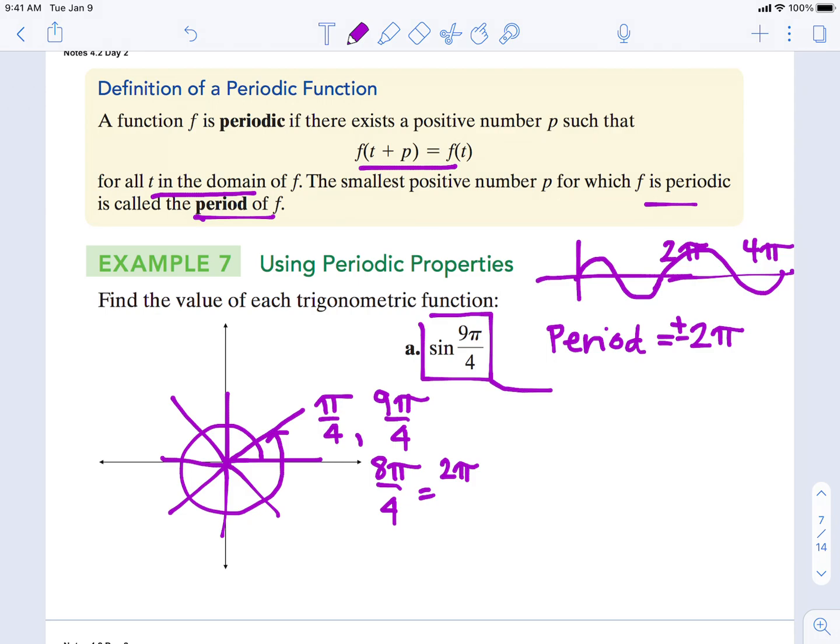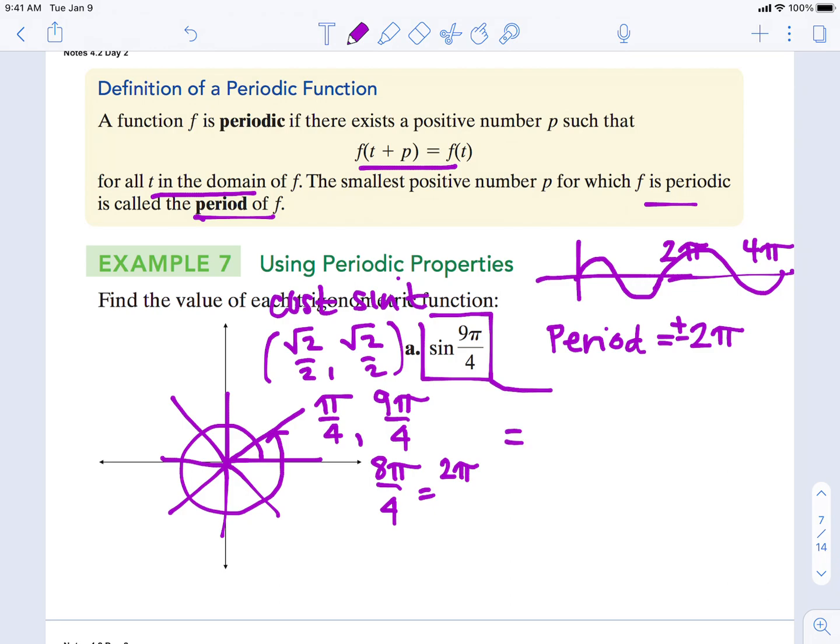We know the ordered pair for pi over 4 on the unit circle is the square root of 2 over 2, square root of 2 over 2. The first value is your cosine value, and the second value is your sine value.